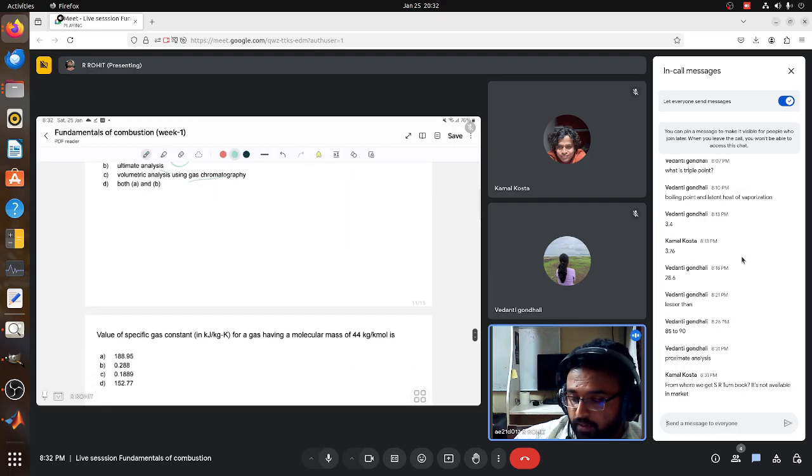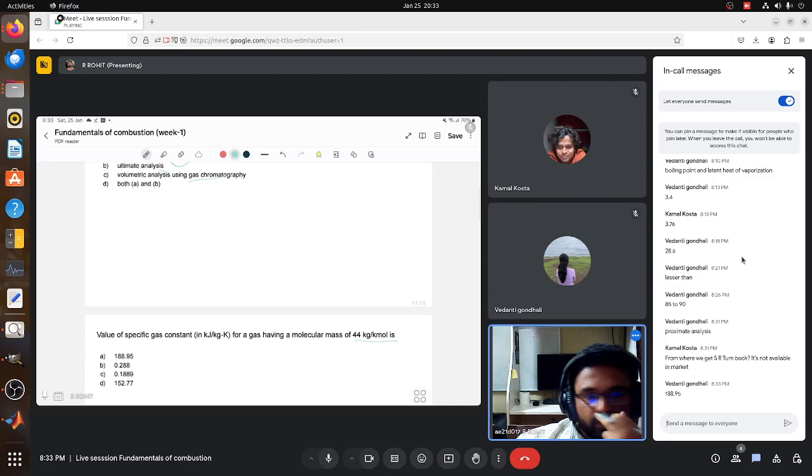So the next question I have: what is the value of the specific gas constant in kilojoule per kilogram Kelvin for a gas having a molecular mass of 44 kilogram per kilomole? Look at the units that you are working with.